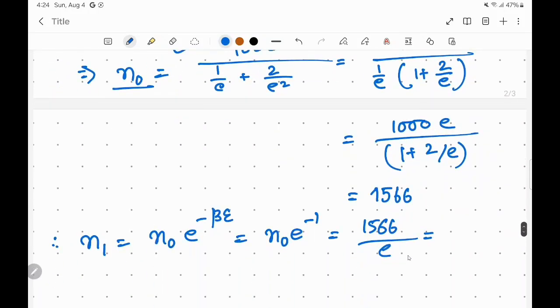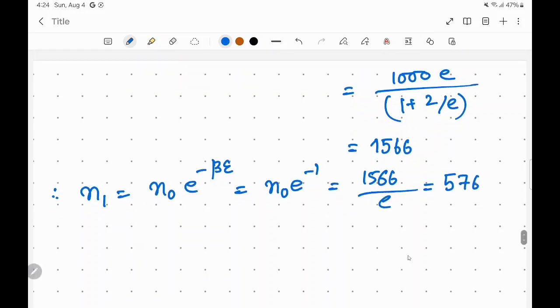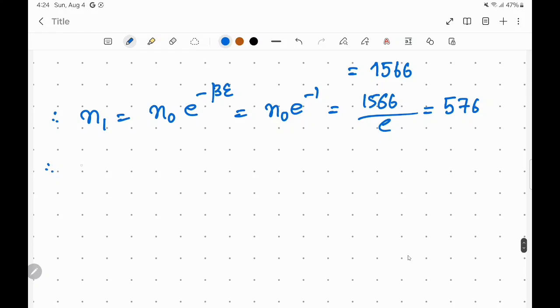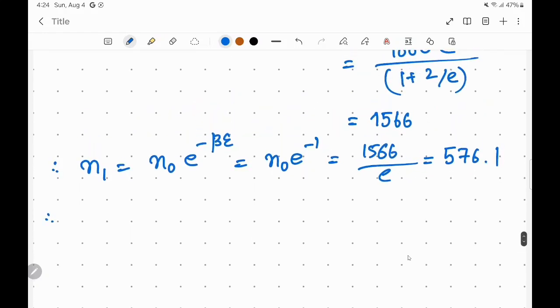Let me do it in the calculator, divided by E. So it is 576.1. But again we are calculating a number, so we should consider the closest integral value. How can you say there is 576.1 molecules?